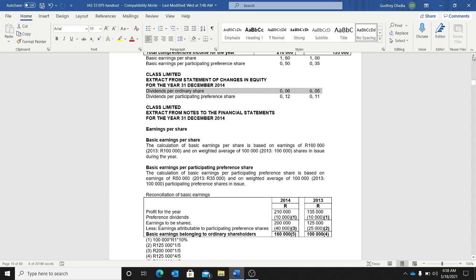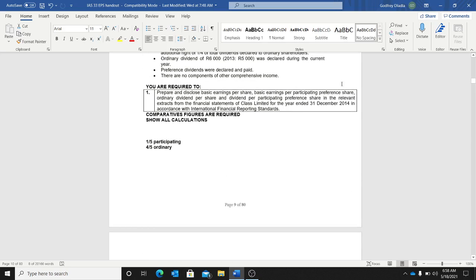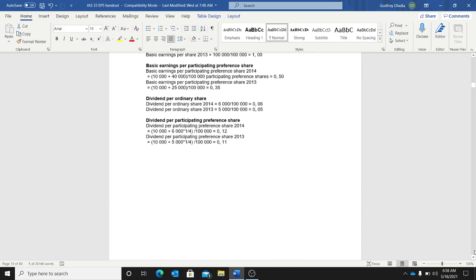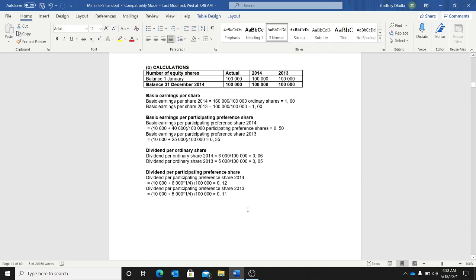Now, then we respond to the last item in terms of the required, which is this one now. Dividend per participating preference share. So if you look at this, obviously, here's the dividend per participating preference shares.